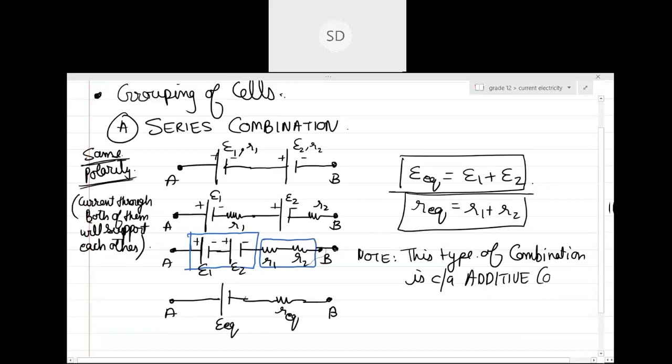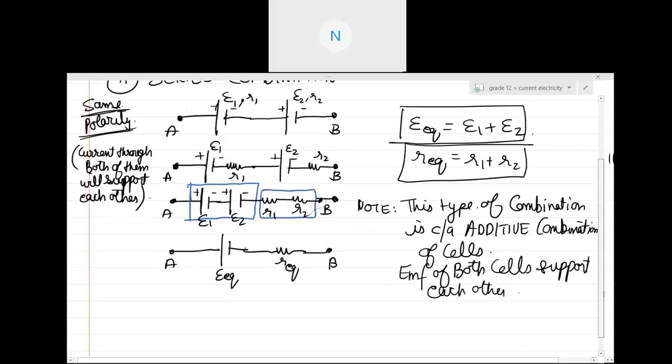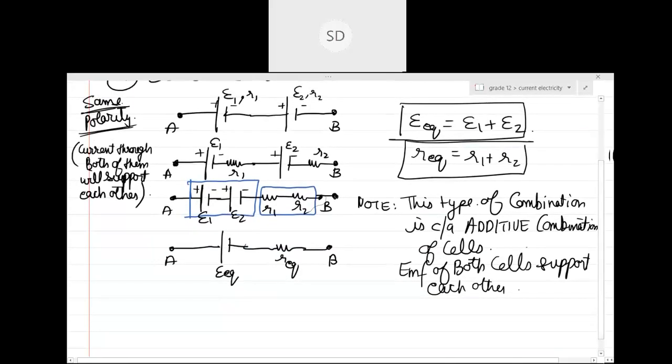Any doubt in this? Is this clear, guys? Once you're done writing, just tell me please. The next kind is basically reverse polarity.